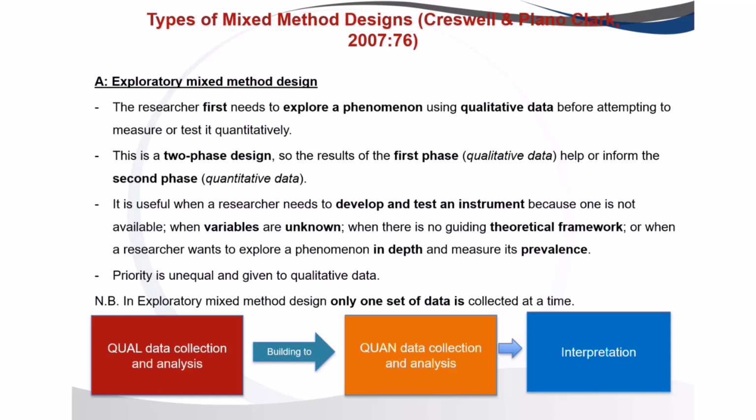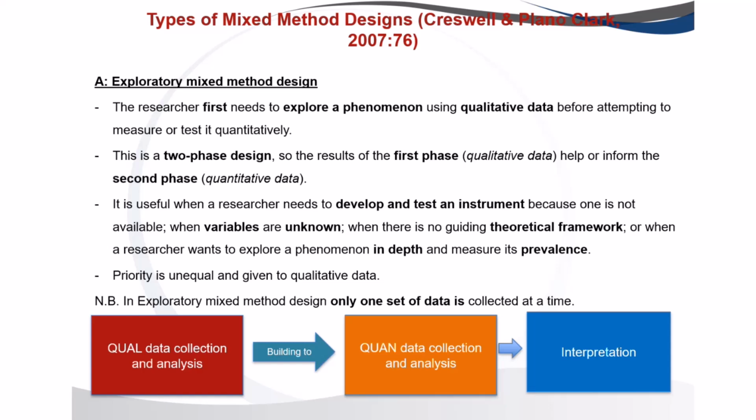It's always a two-phase design. So the results of the first phase, which is your quantitative data collection, analysis, or results, help you as a researcher, or inform you about the second phase.